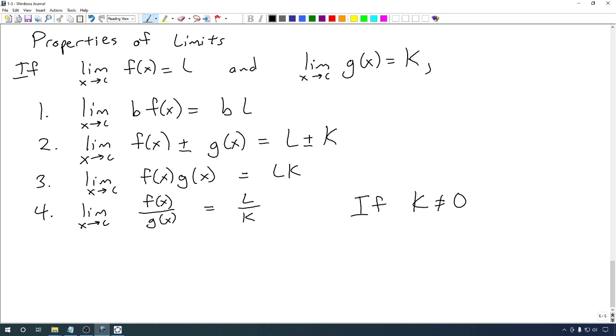And that's actually one of the places where we end up running into a lot, where we actually have to step back and maybe do something different. Maybe this won't work out. But as long as K is not 0, even if L is 0, as long as K is not 0, then we can just go ahead and do it this way. There's no problem.